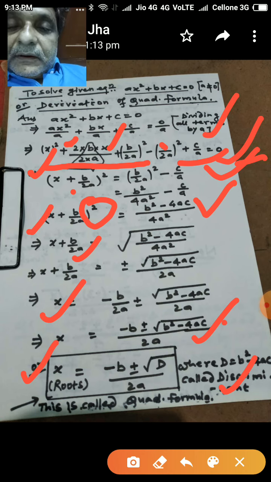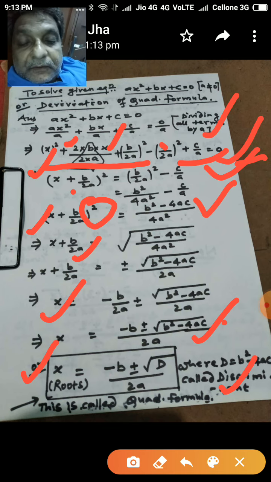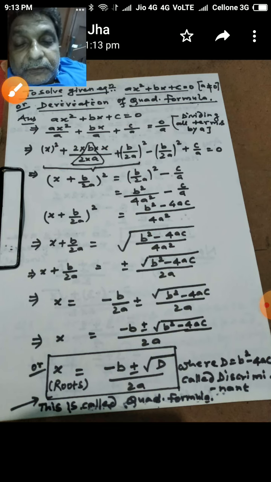So actually discriminant D, b square minus 4ac, decides the nature of roots. Two things: whether roots are possible or not. If possible, then what will be the nature of roots? So let us take what the different natures of roots are.